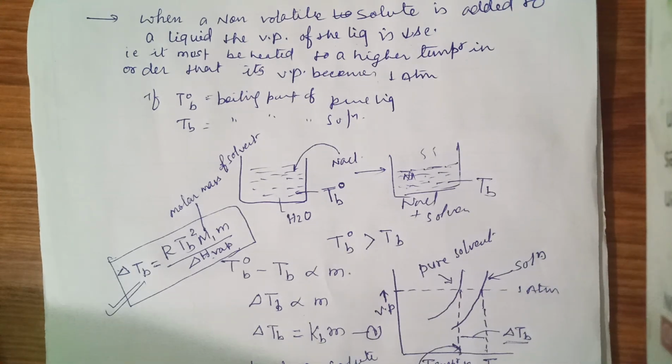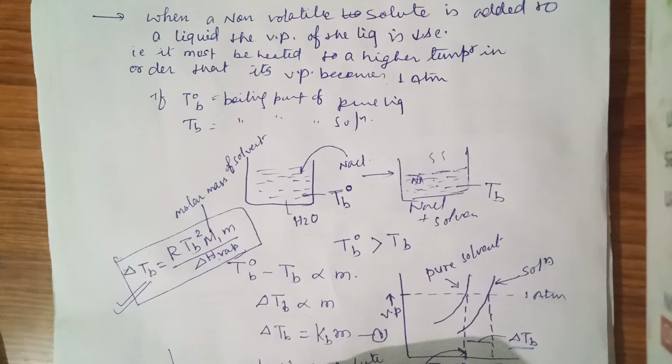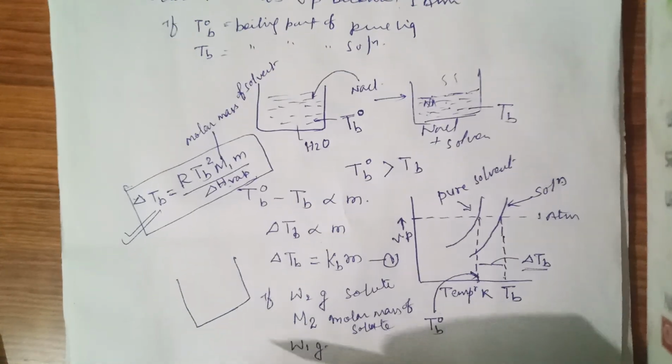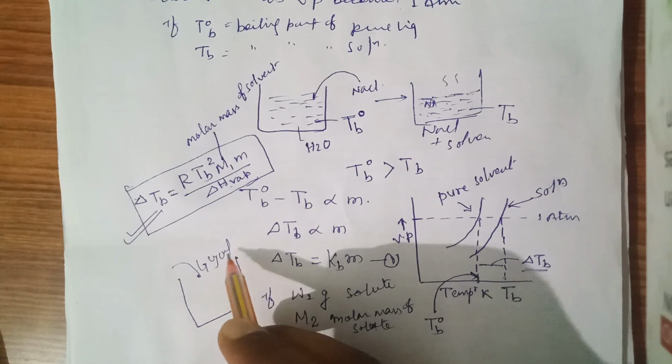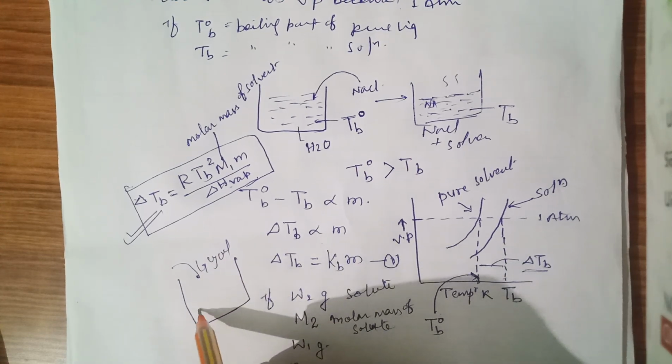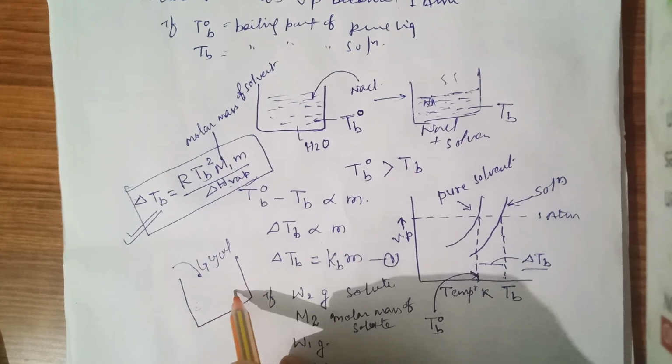Another example is that glycol is mixed with water to raise its boiling point. This solution is used as coolant for car radiators, and thus it requires less frequent replacement. So what happens when we mix glycol in water? Suppose this container contains water, and if we add glycol, the boiling point of water will increase.